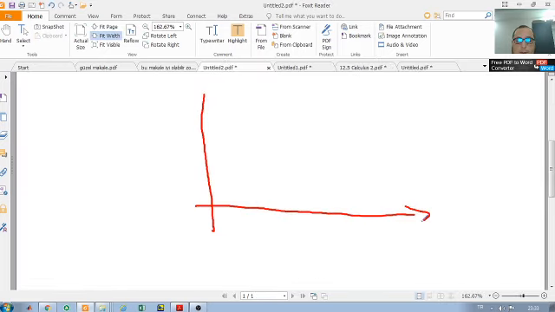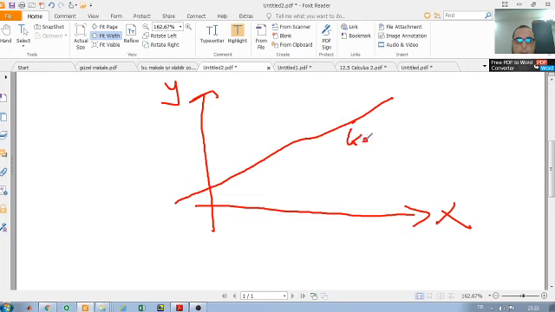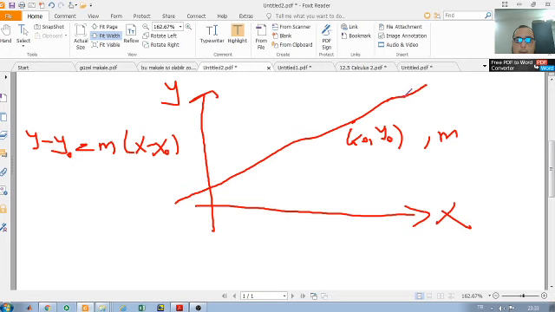First we sketch the two-dimensional coordinate system, x-axis, y-axis, and if you know a point whose components are x0, y0, and if you know the slope, it is stated as y minus y0 is equal to m times x minus x0, where we take a general point on the line whose components are x and y.